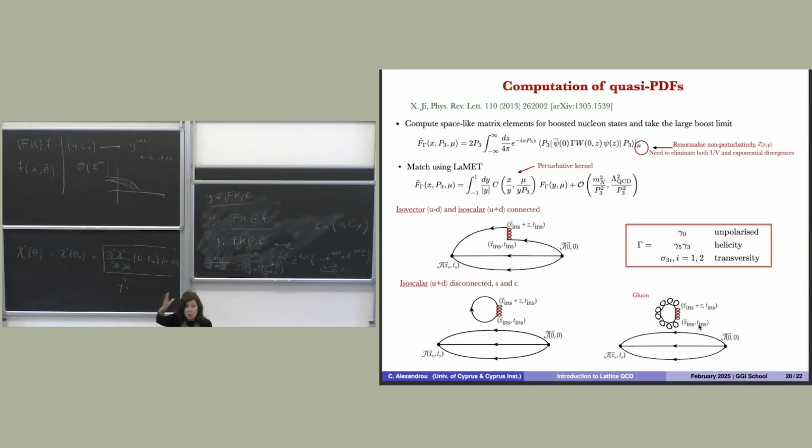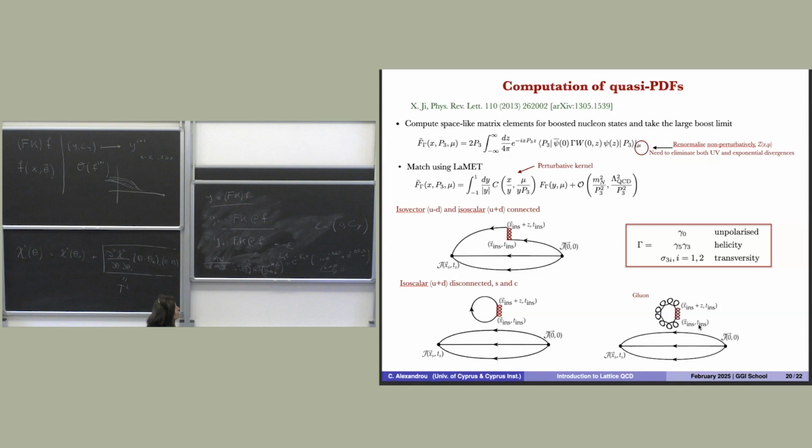So you approach the light cone. Of course, it doesn't really go to the light cone, but if you are close to the light cone, you can do perturbation theory, and you can compute perturbatively the matching, this kernel here.